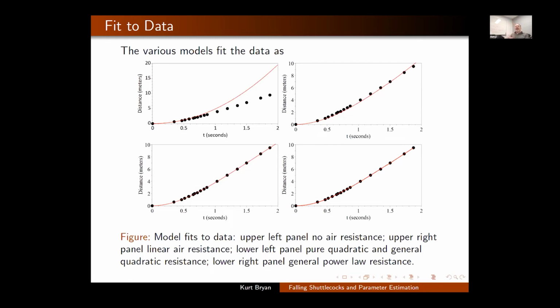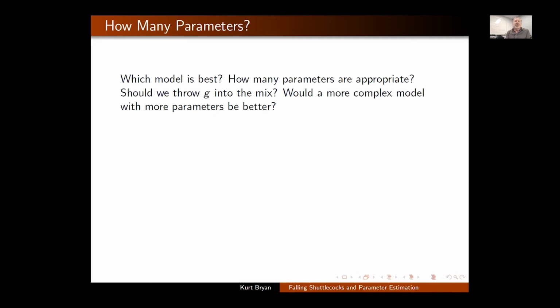So you look at these models and you say, which one should I pick? Which one's the best model for a falling shuttlecock? Well, the first thing you notice is the no air resistance model is just a clear loser. So I would immediately throw that out. And of course, the question is now, which model is best?